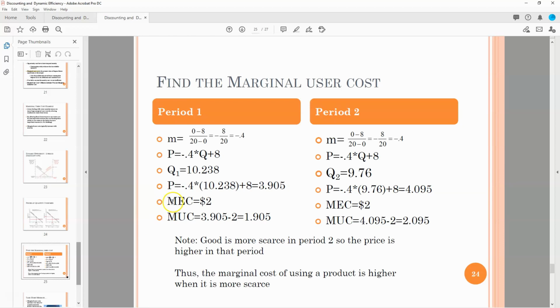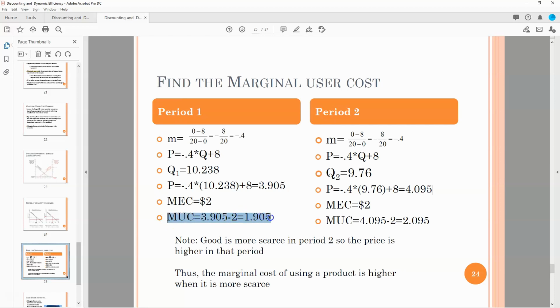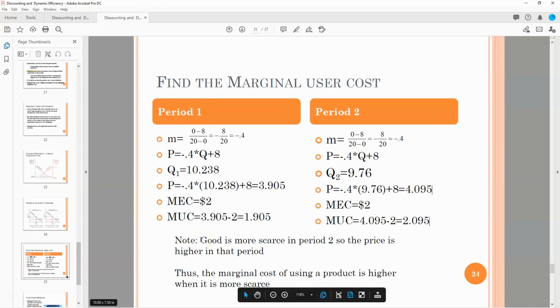The marginal consumption cost, our typical marginal cost, is equal to 2 in both periods. So the marginal user cost would be the difference between price and marginal consumption cost. The marginal user cost in period 1 is equal to 1.905. In period 2 it is equal to 2.095. So that means the good is more scarce in period 2, so the marginal user cost is also higher in that period.